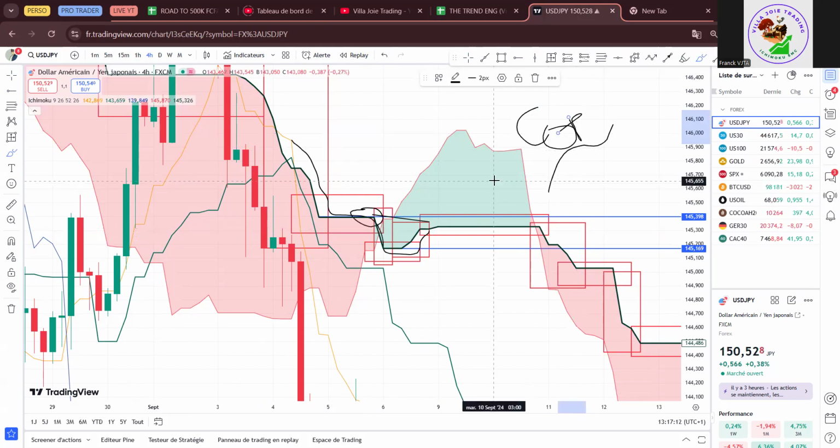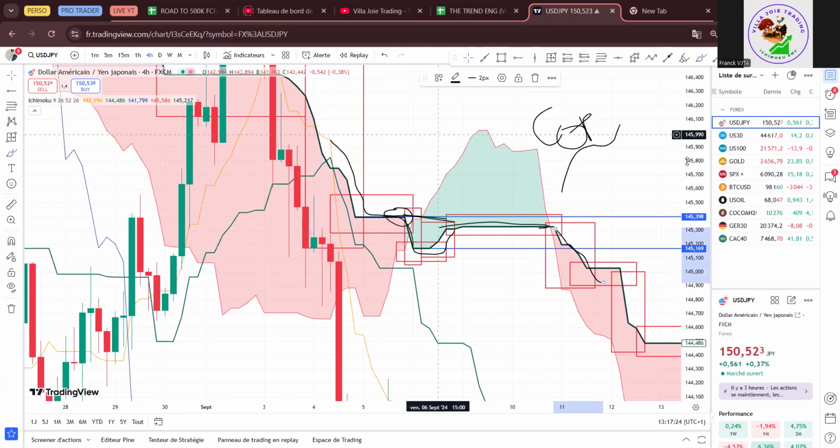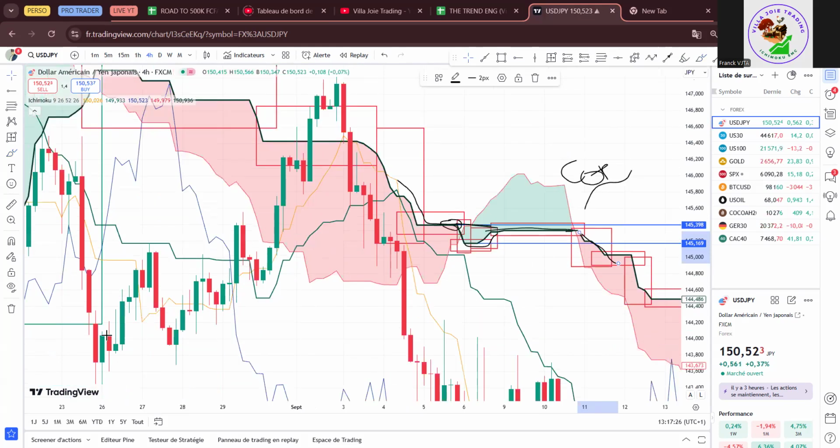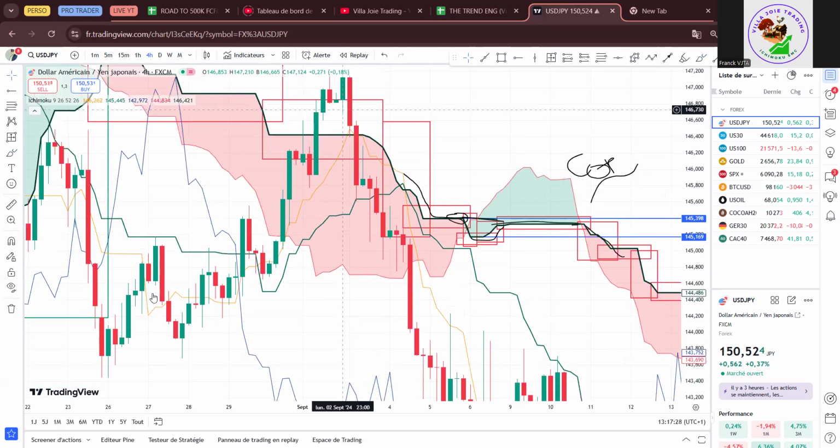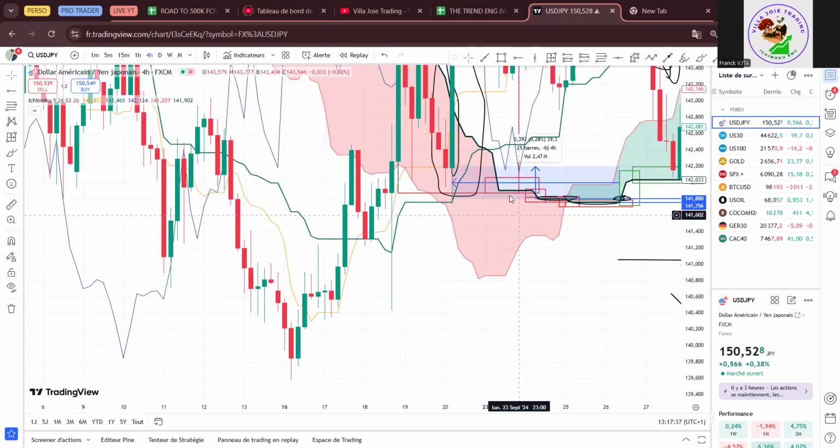Then arriving here, SSB stayed below the previous plateau, and then it started going down again. That was just a long correction to the upside. All of this, this big correction, has been created by this one. So it is different here.